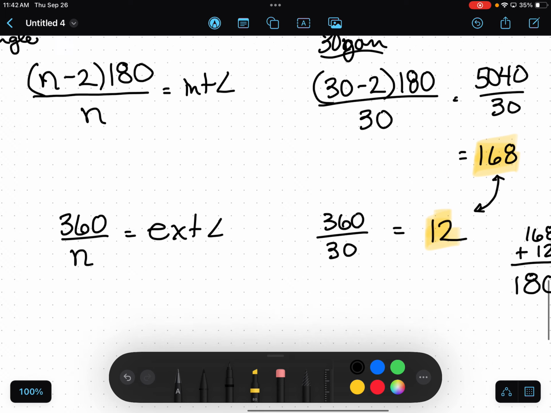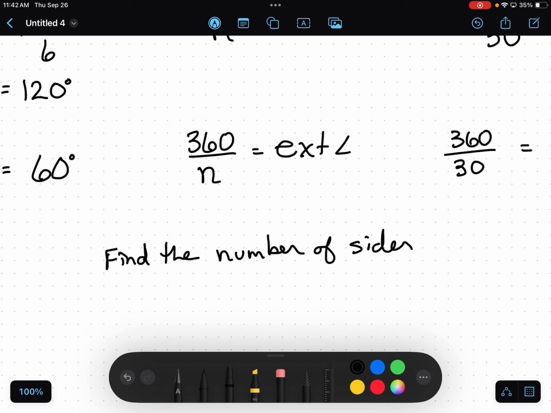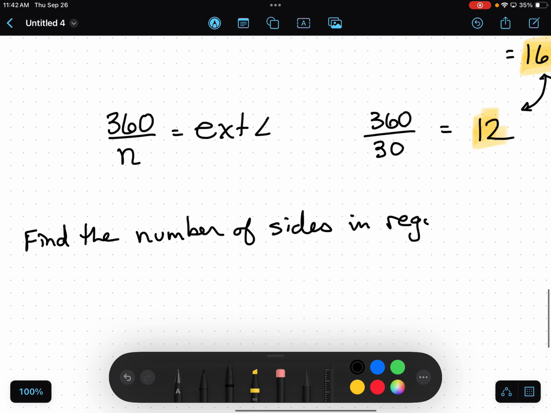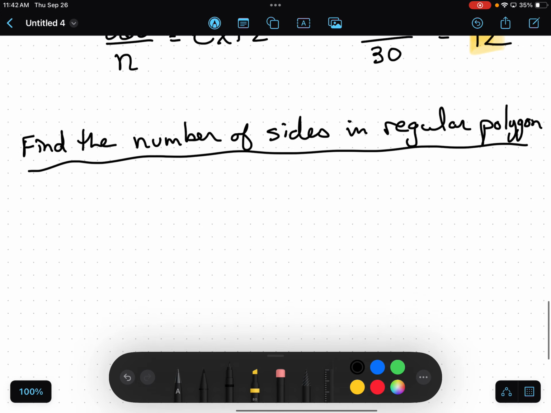And the back side of the worksheet, what it's going to do is it's now going to say find the number of sides in a regular polygon. What regular means is that all sides and all angles are the same, and that's what we've been dealing with here in the last little bit.